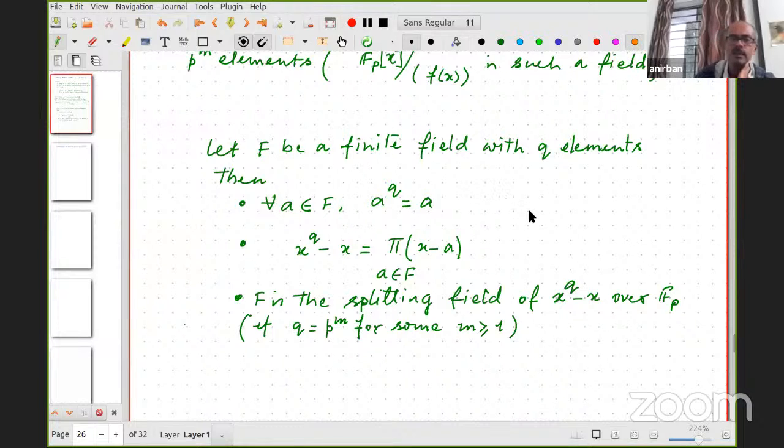So if a is a non-zero element, then a to the q minus 1 is 1. Therefore you can multiply by a on both sides to get this equality for non-zero elements, and it is anyway true for the element 0, both sides being 0.